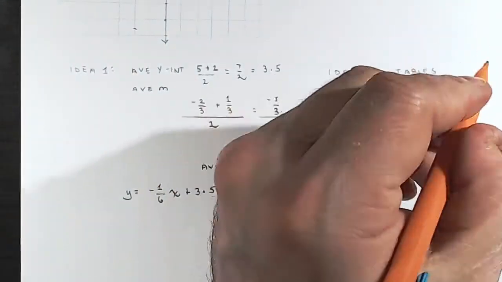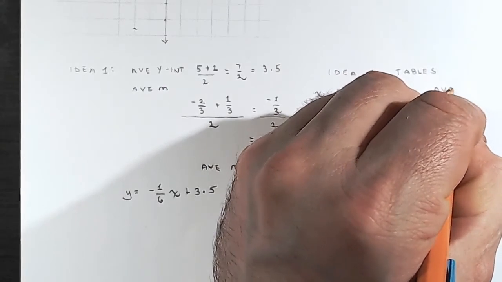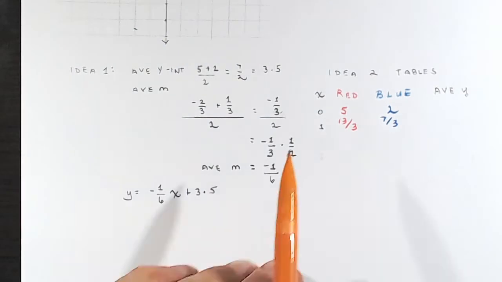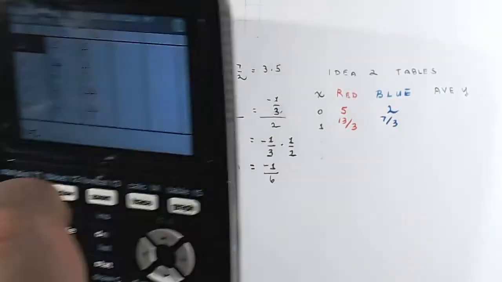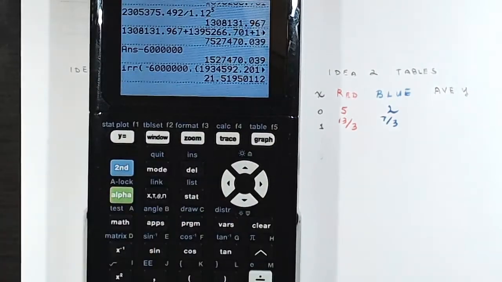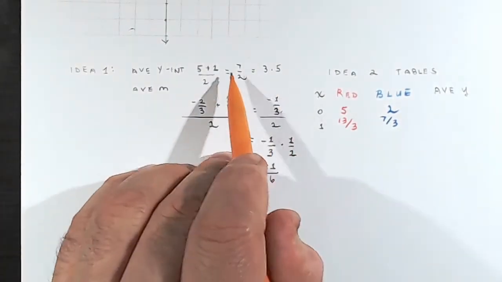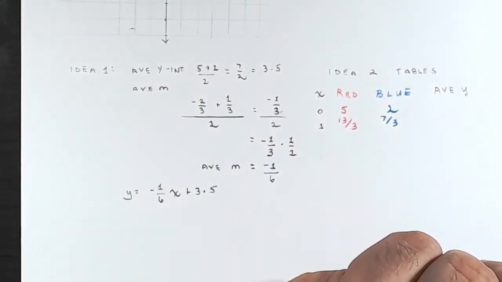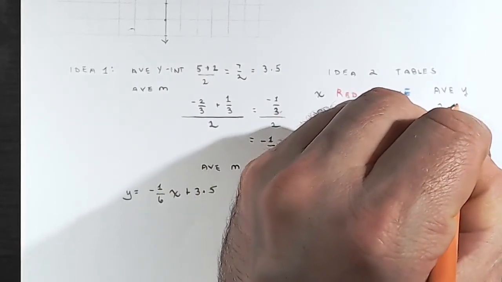So now what we'll do is we'll have average. This is going to be the average y values, okay? So here is 5 plus 2 over 2, which we already did. 5 plus 2 over 2 is 7 over 2, or 3.5. Right here, 3.5.